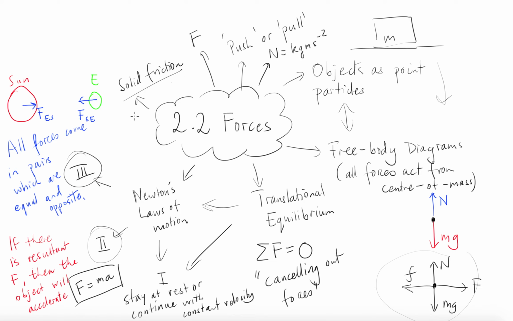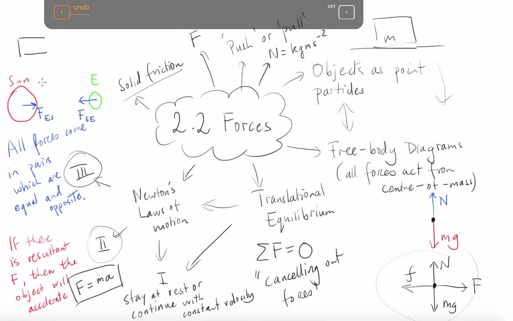The only thing we haven't talked about is solid friction. Basically, due to the roughness between two surfaces, there is a force. If I have an object, there's a force acting to oppose the motion, acting in the opposite direction to the motion. So we can have three scenarios.